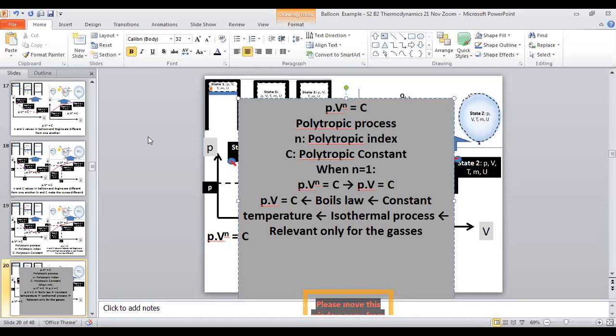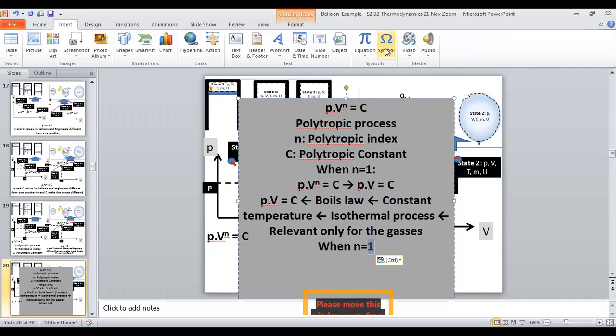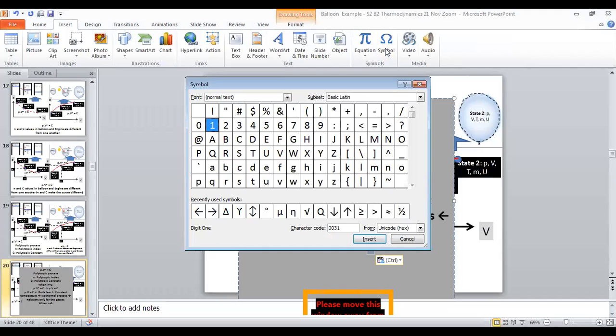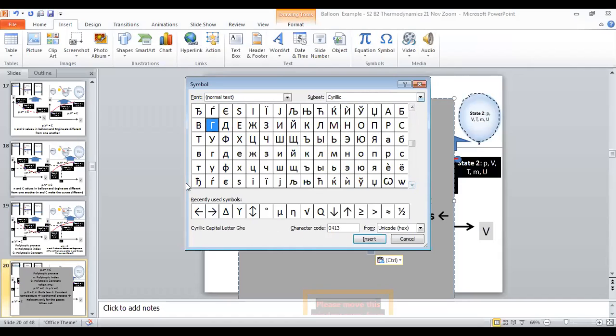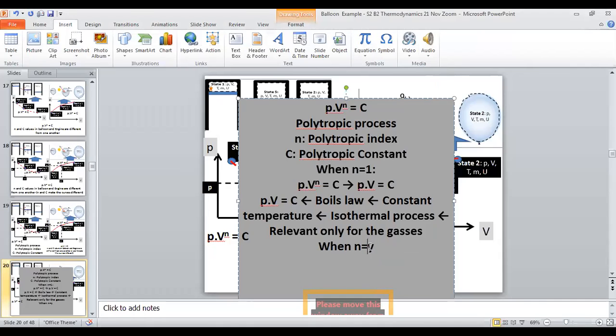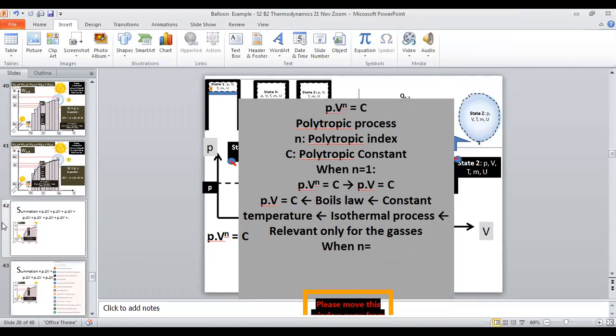There's another special case: n is gamma.